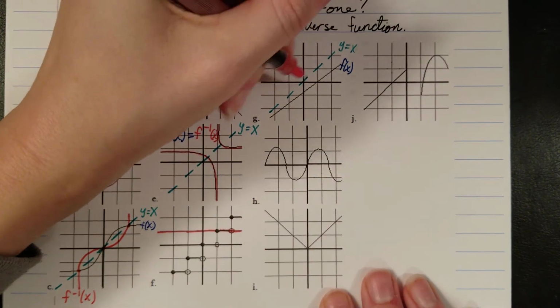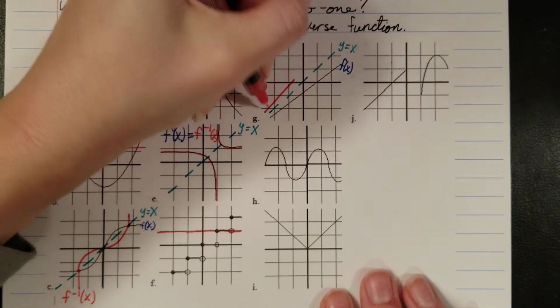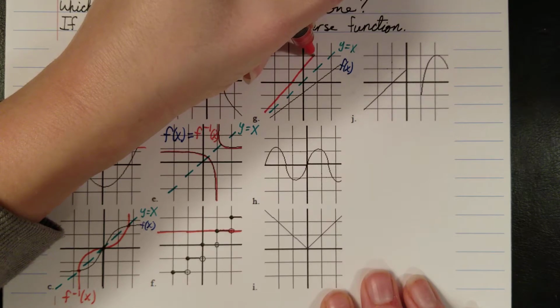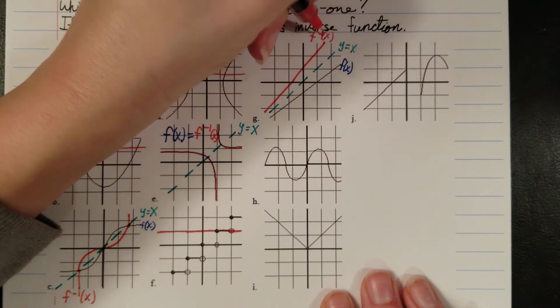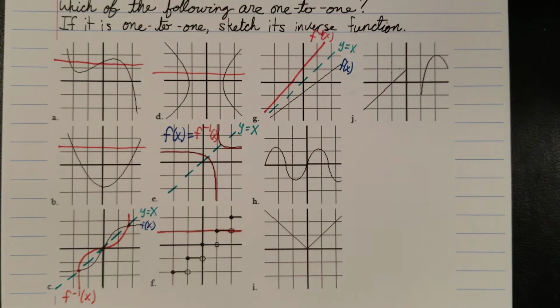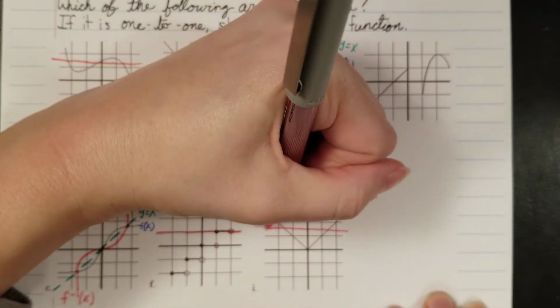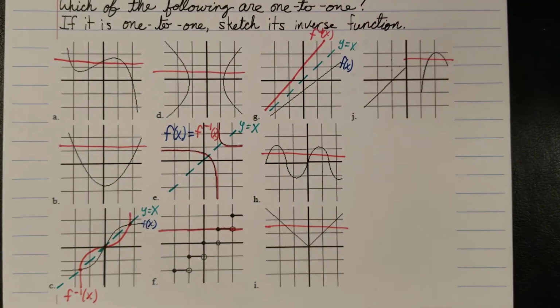So there's the inverse. See the symmetry there? Graph H is not one-to-one, graph I is not one-to-one, and graph J is not one-to-one.